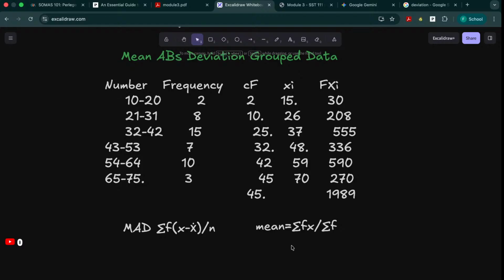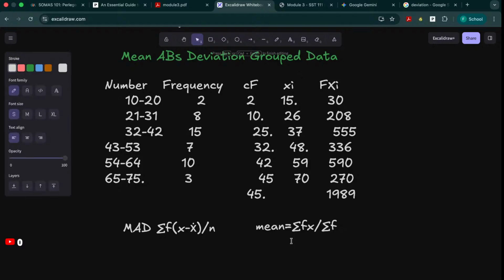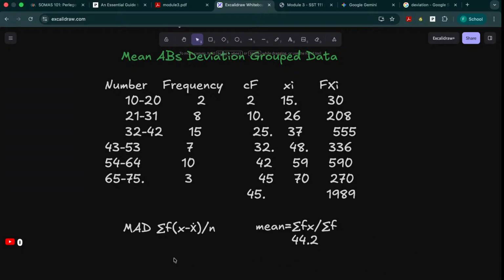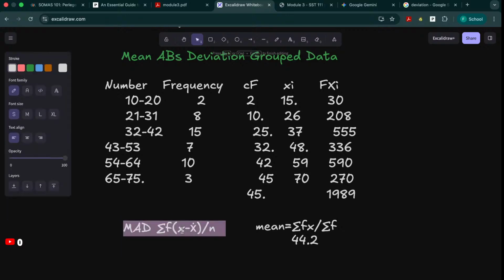So our mean should be, let me calculate and write it. We have 1989 divided by 45 equals 44.2. That is our mean. Then we are supposed to do the sum of this.